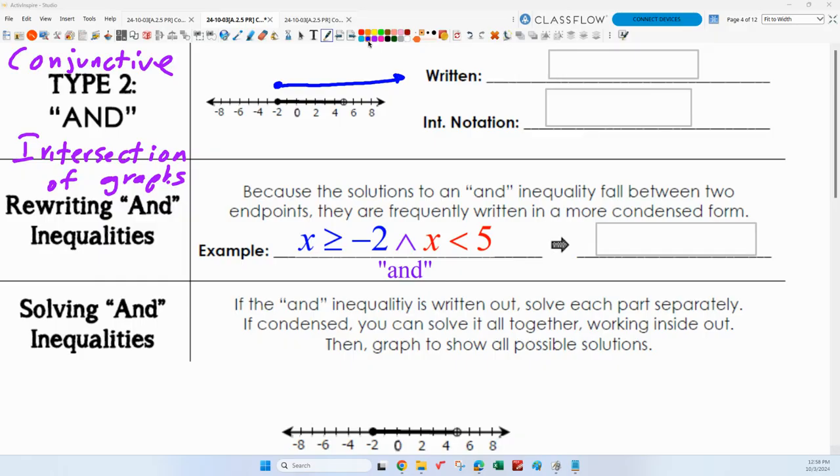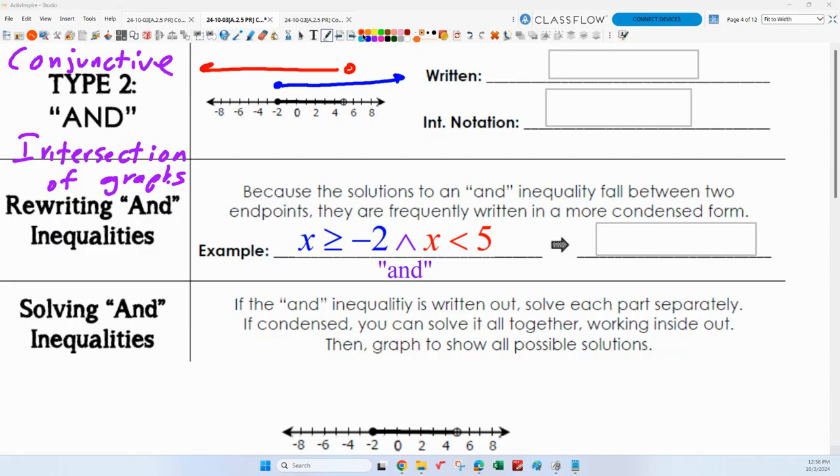Yes. Agreed? Okay, the red one would be an open endpoint at 5, and we're going to graph to the left forever. Yeah. But and inequalities are where both of the things are true.